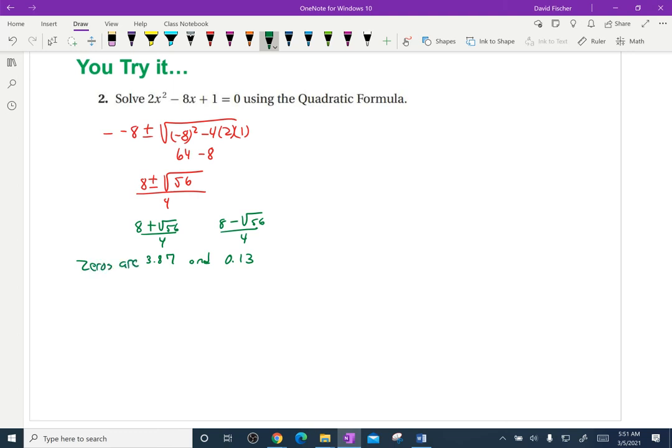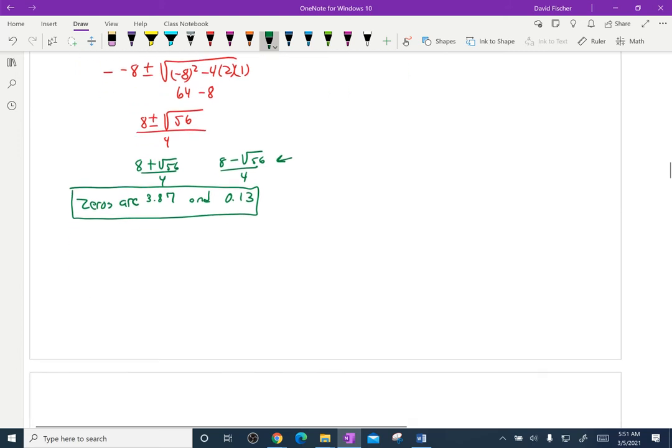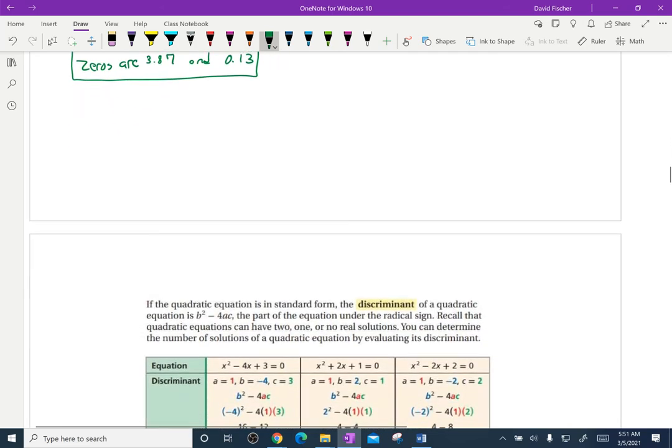I want to check that first one again. And I'm getting 3.87 again, so I used the right number. All right, so it's kind of what we did yesterday, so nothing big there. We're not afraid of decimals. Sometimes they'll leave the answer like this. They'll just say, you know what, 56 isn't a perfect square, or it's a decimal, so we don't want to estimate, so just leave it that way.